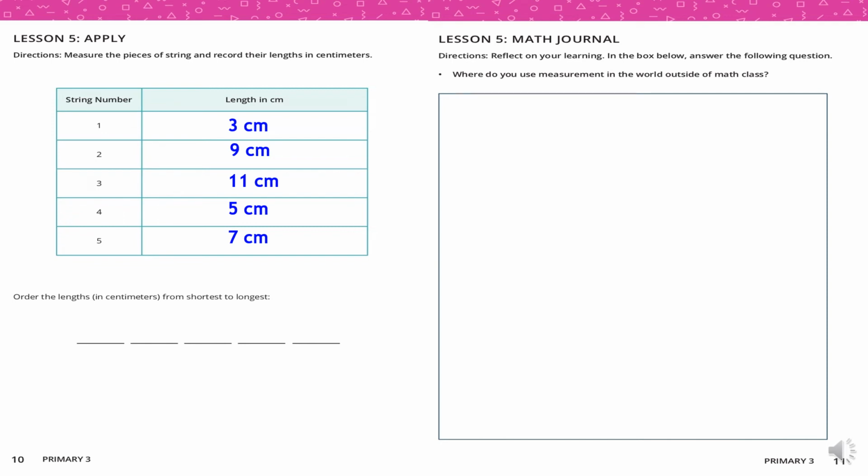He is asking me to order the length in centimeter from the shortest to the longest. It means from the smallest number to the greatest number. So this is which order? Ascending order. So we will write 3, 5, 7, 9, 11.